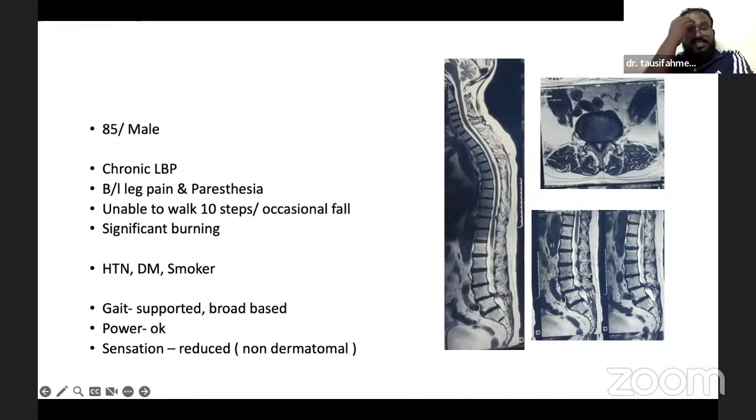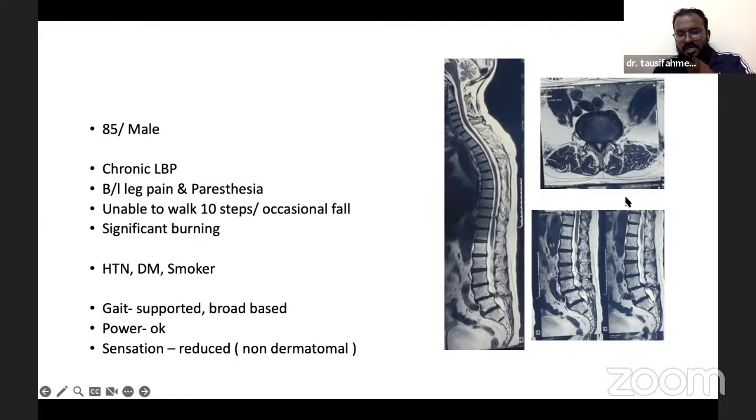So this gentleman, who is 85 years old, has come with symptoms of being unable to walk. The MRI shows stenosis at the level of L4-5.